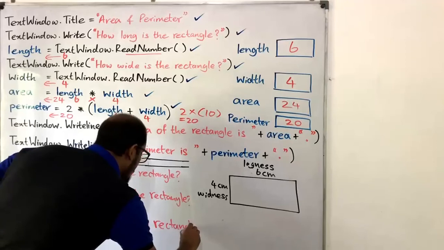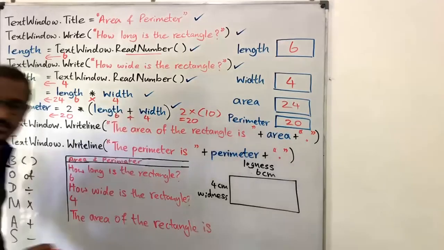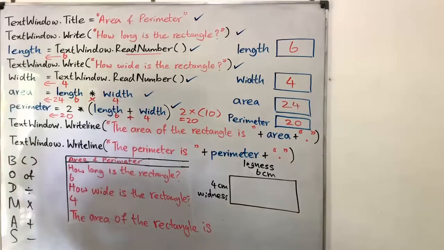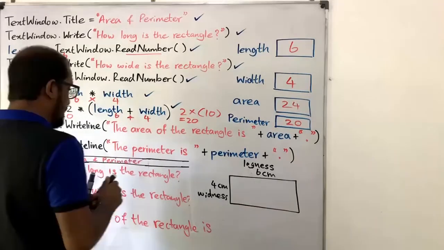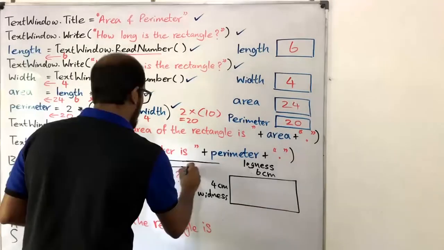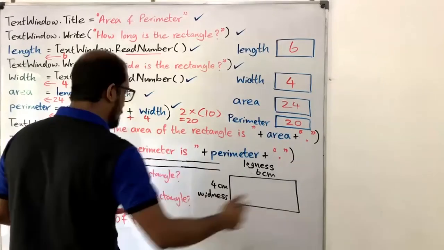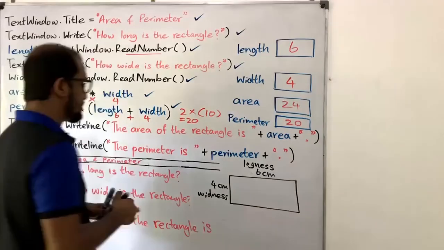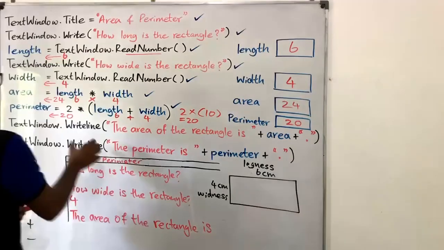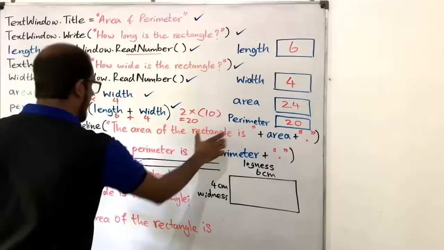The area of the rectangle is... now the text window writes this one: "the area of the rectangle is".